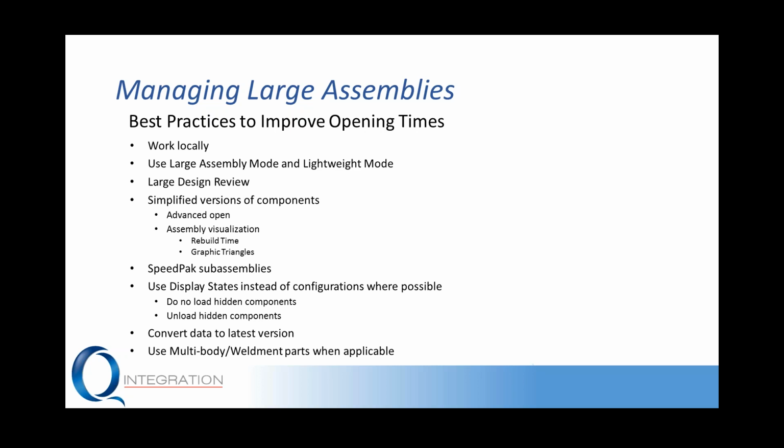We can also create simplified versions of our components, and by doing so we can take advantage of what we call advanced open. So that's a great way to utilize those simplified configurations within our parts. Assembly visualization can also be used to take a look at rebuild time for each component in the assembly, as well as the amount of detail that goes into that with the graphic triangles.